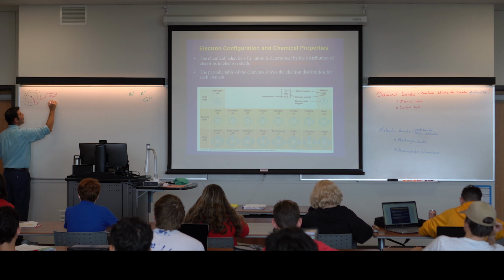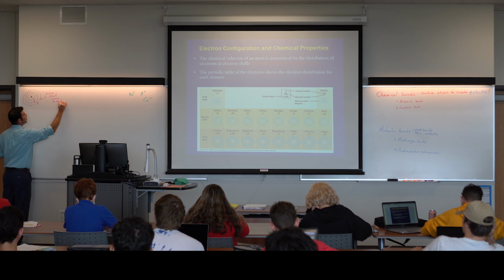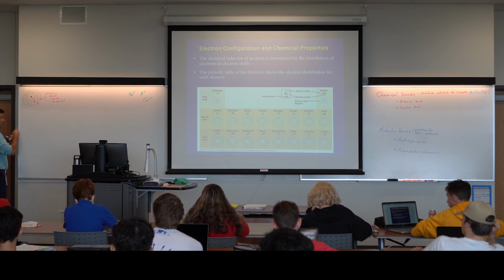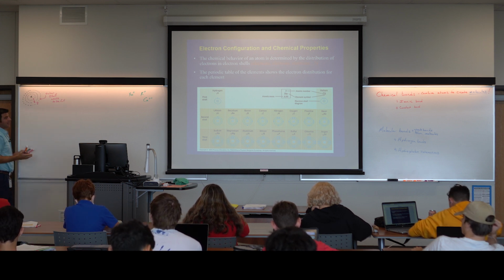Instead of saying needs, I'll say outer shell wants to be full. It wants to be full, and if it's not, it's going to be looking to make some kind of deal.